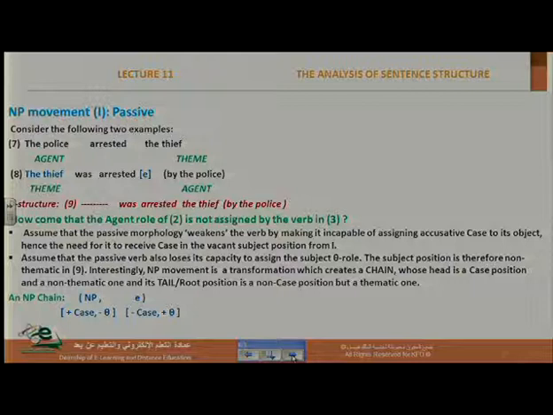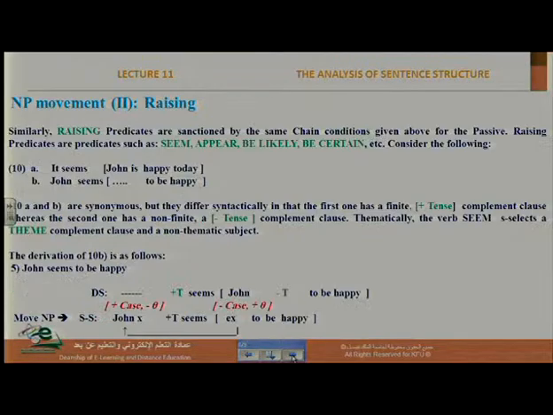So that is essentially what I wanted to say about the passive. We will look at another instantiation of the same type of movement rule, i.e. NP movement, but this time not with passive verbs, which have the peculiarity of weakening and losing their capacity to assign case to their objects, and also taking a non-thematic subject position.